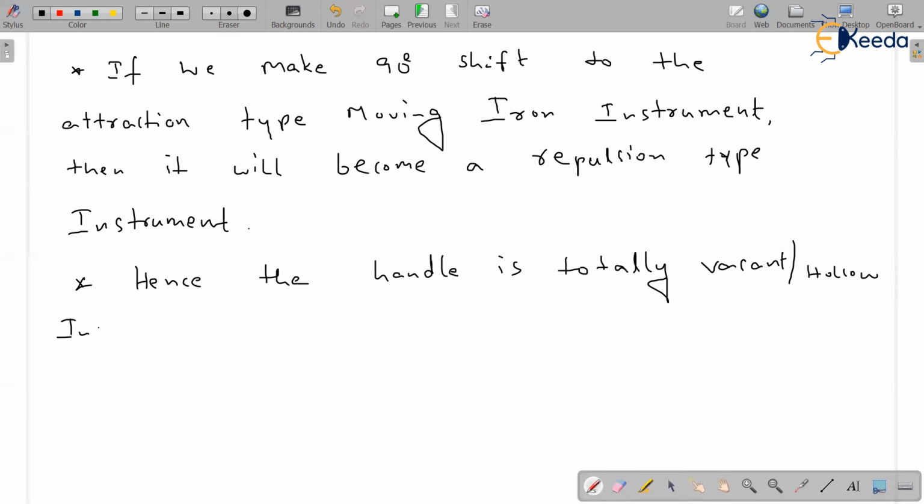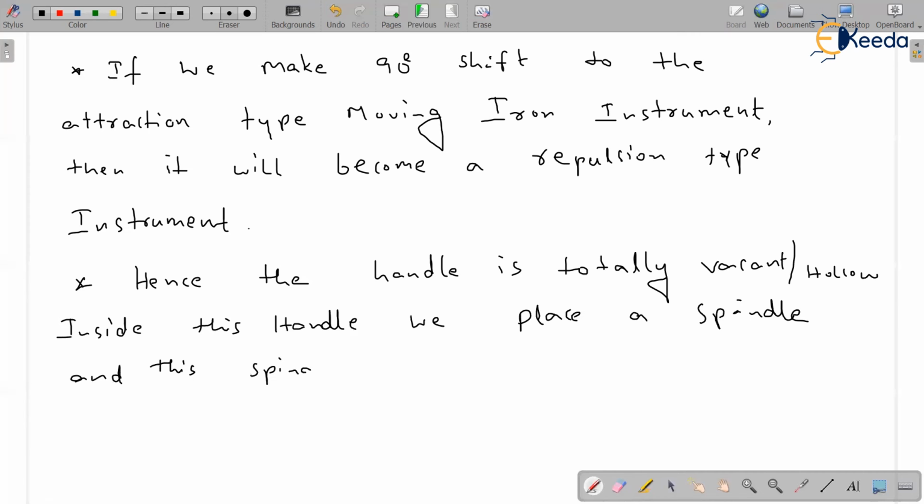Inside this handle, we place a spindle. And this spindle is kept by jewel bearing.